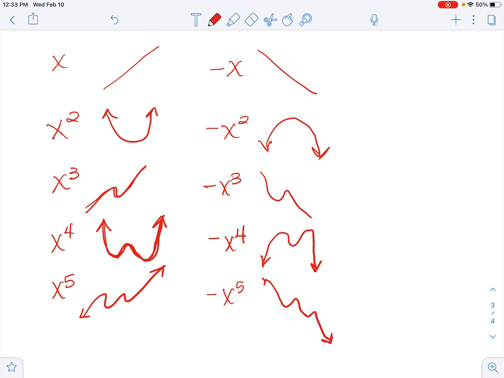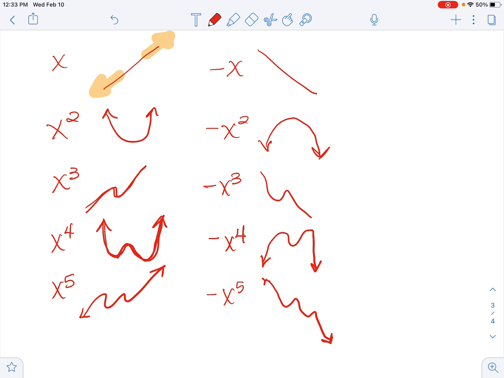So what I want you to see is the end behavior. On the end, as we move to the left, it goes down. And as we move to the right, it goes up. So for end behavior, you're always going to have two pieces.